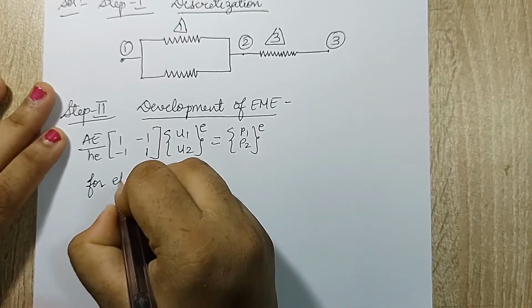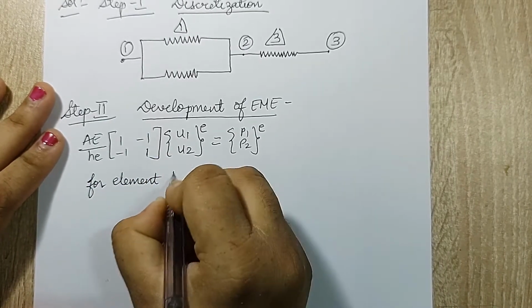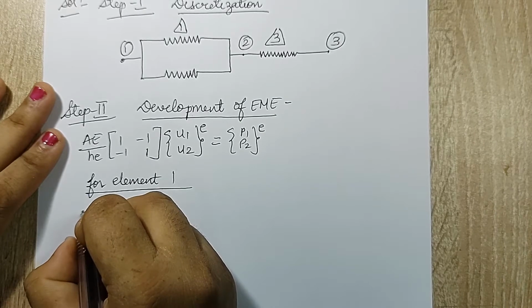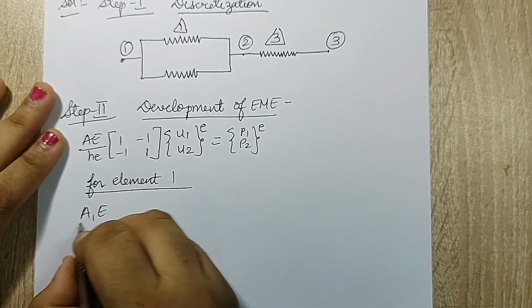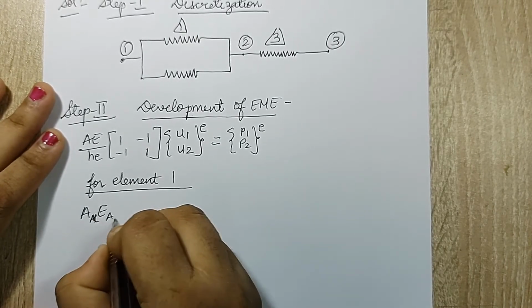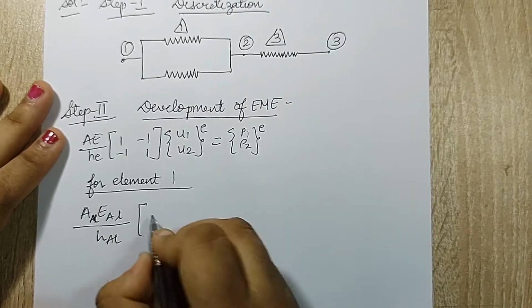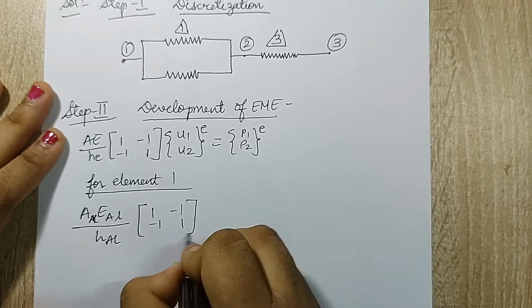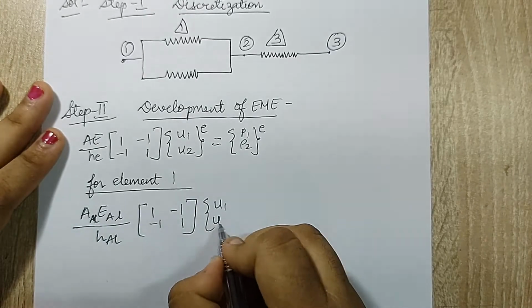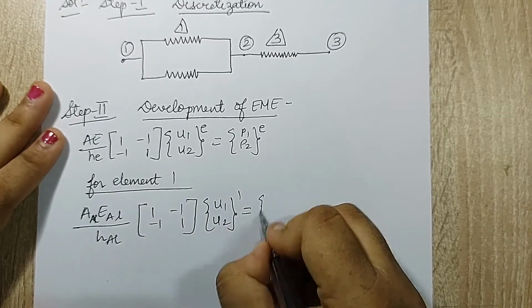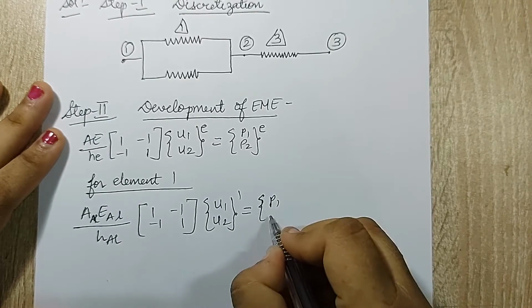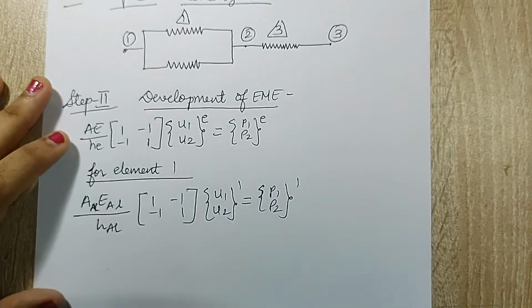I'll solve for element 1. This will be A1. Okay, let's write A aluminium, E of aluminium, and H of aluminium, with the matrix 1 minus 1 minus 1 1, U1, U2 raised to 1 is equal to P1, P2 raised to 1.